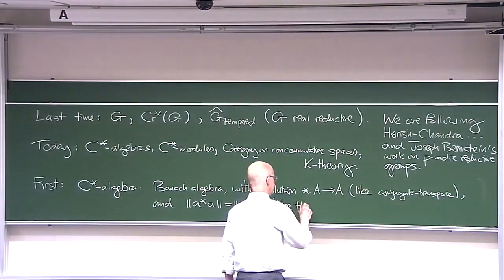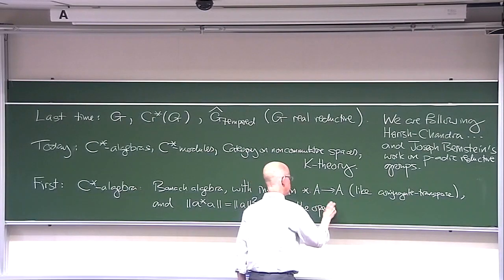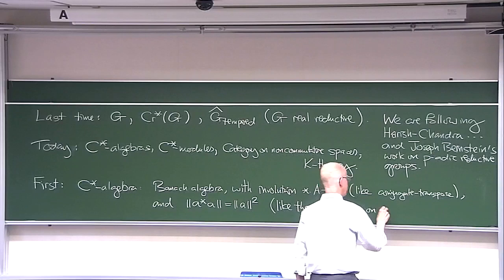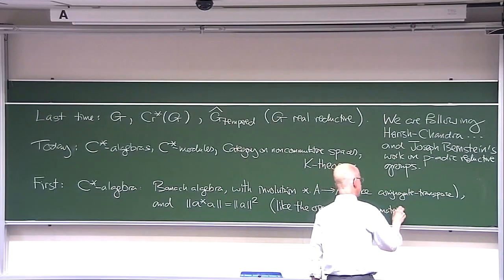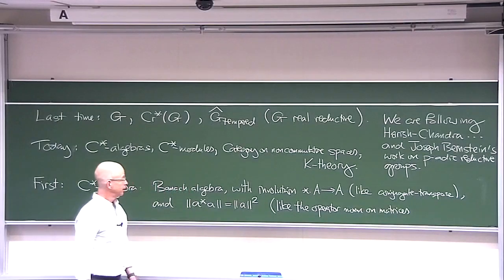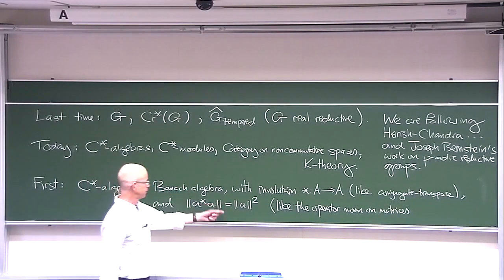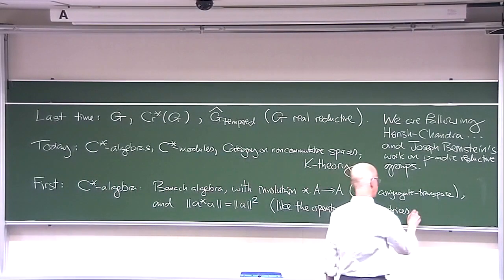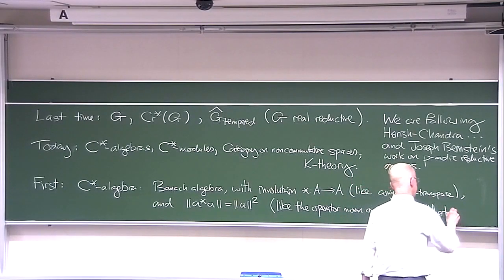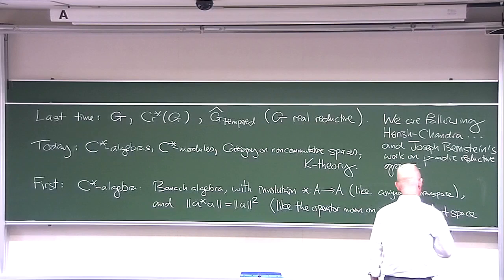And this is a formula that's easy to check for the operator norm on matrices. So if you think of a matrix as a linear operator on this finite dimensional Hilbert space Cn, each matrix has a norm, and the operator norm has this property. Of course, you can do things infinite dimensional and talk about Hilbert space operators, and it's the same.